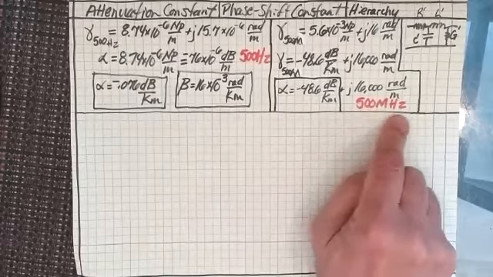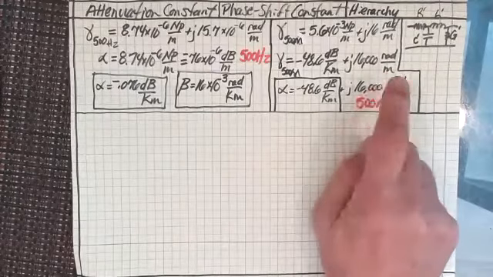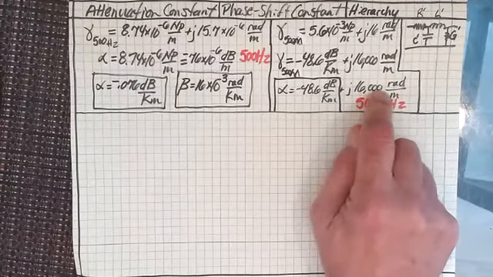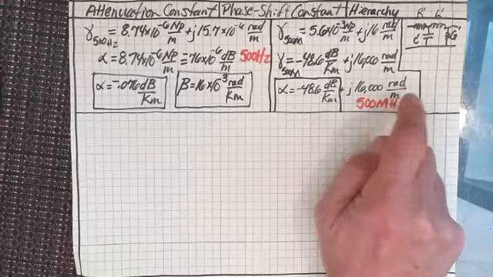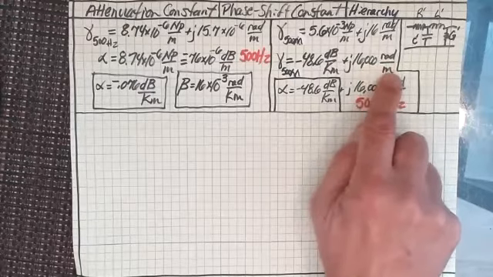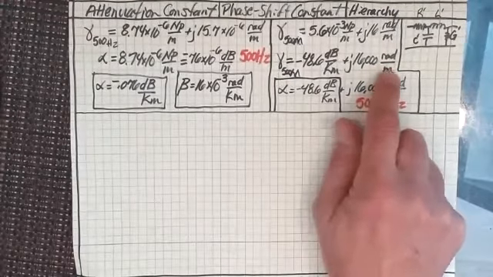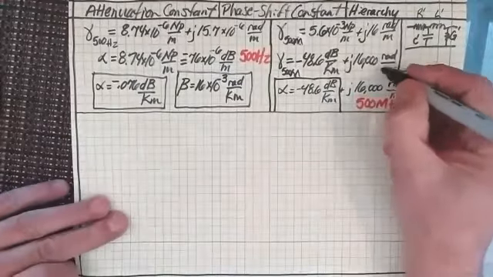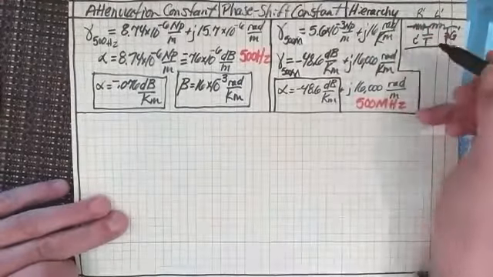Whereas this one with a 500 megahertz, this is 16,000 radians per kilometer. Well, that should say kilometers. Oh, well, I just wrote it down wrong. Yep, that's good. There we go.